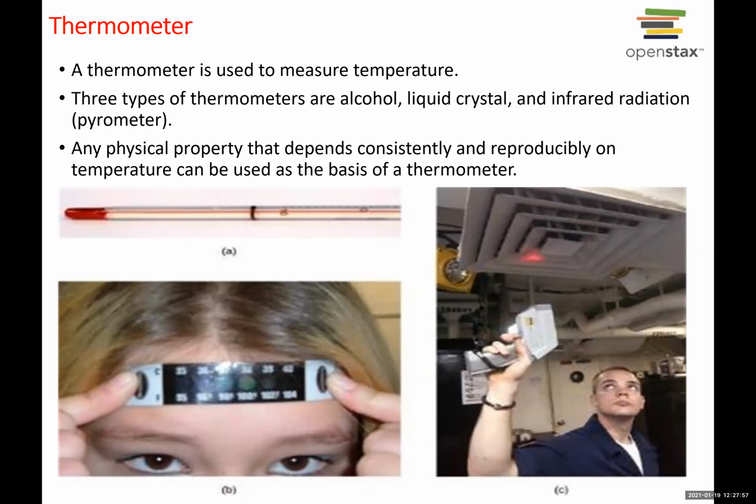So a thermometer is a device to measure the temperature. Thermometers use different physical properties of different substances. For example, in some kinds of thermometers, they take the property of volume expansion of liquid.